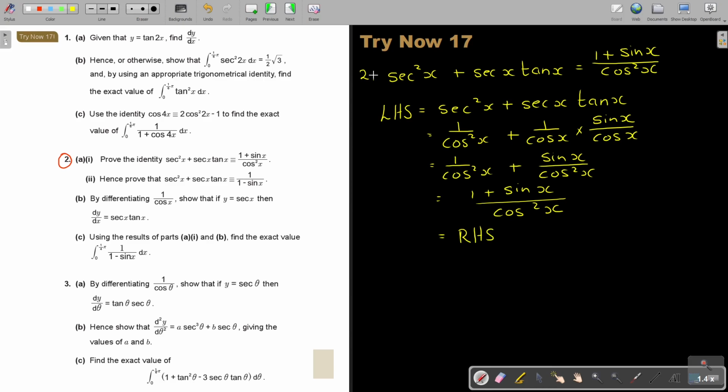And that's a nice way of presenting it. Okay, but that was number A and the first one. Let's just number it correctly. Now, hence, prove that sec squared x plus sec x tan x is equal to 1 over 1 minus sin x. Okay, always start with the statement as it's given.